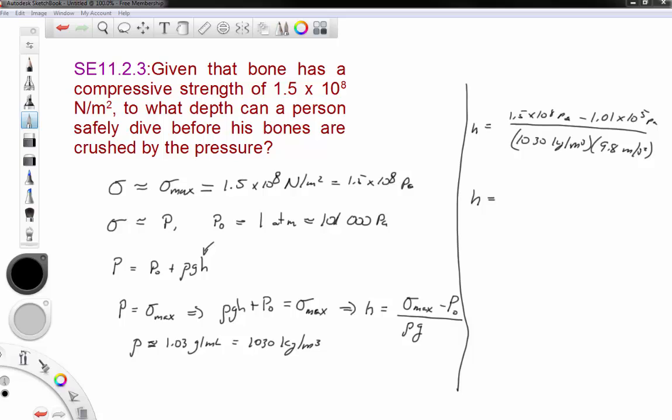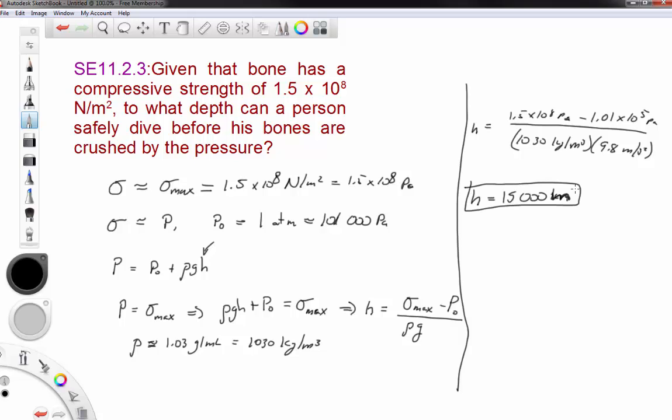Now, with that said, this is how deep a person can safely dive in the sense that his bones are not going to be crushed into fine powder. Long before then, other deleterious effects begin to occur. So, this is approximately 15,000 meters, or a little under 10 miles.